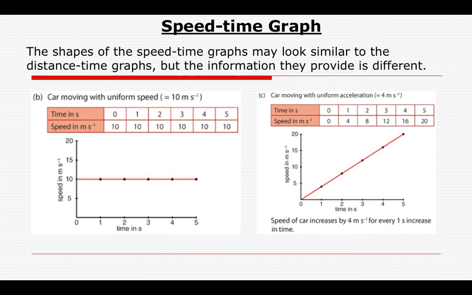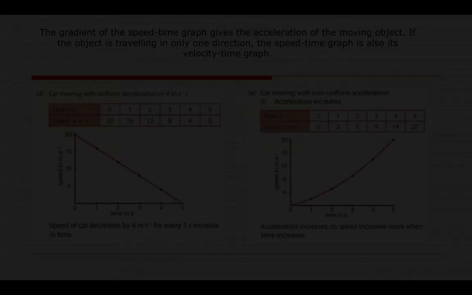Since the speed is in one direction, this could also be called velocity. So this is actually change in velocity, because from this point to this point, you see the speed is increasing, and that is 20 divided by 5. So there's a change in speed with respect to time, and that is acceleration. So the acceleration is 4 meter per second squared.